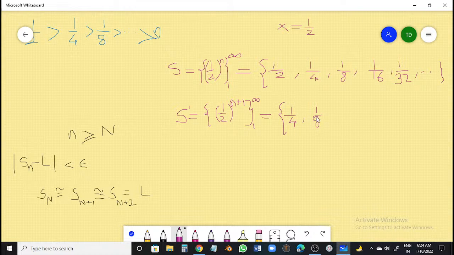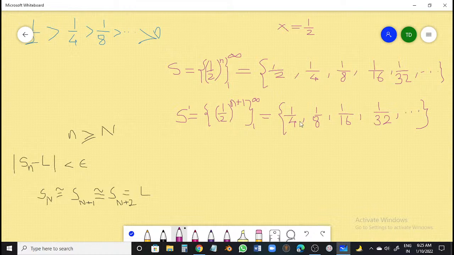Next term will certainly be 1 by 16. Next term, fourth term, put n equal to 4, it is half raised to 5, which gives us 1 by 32, and so on.